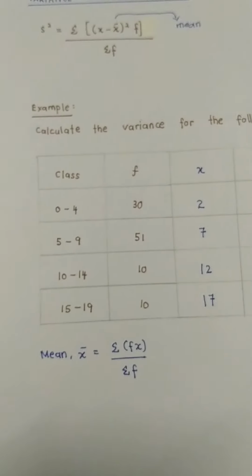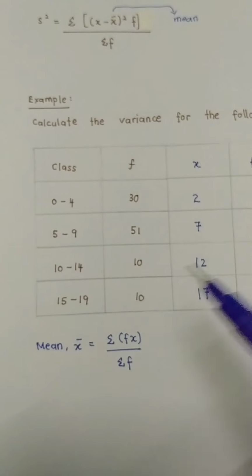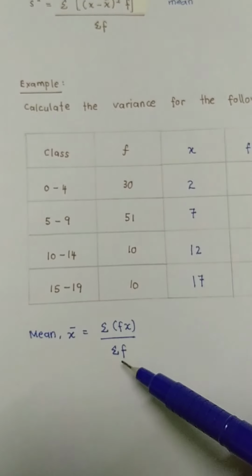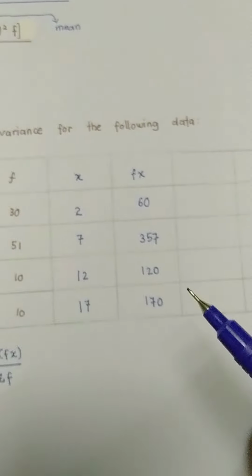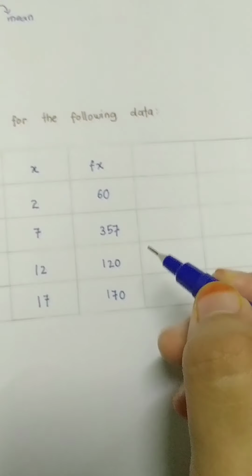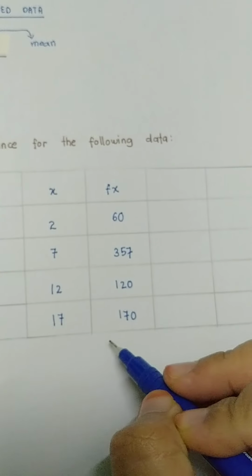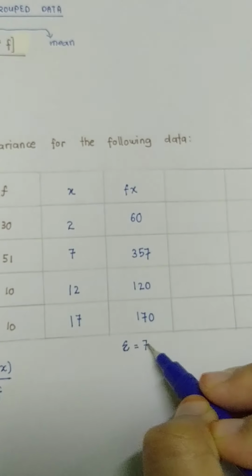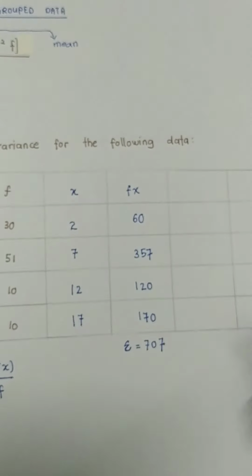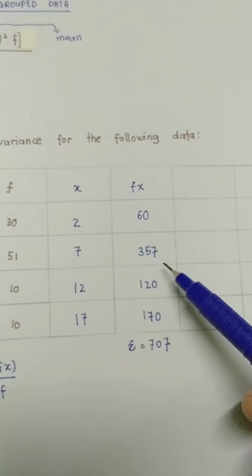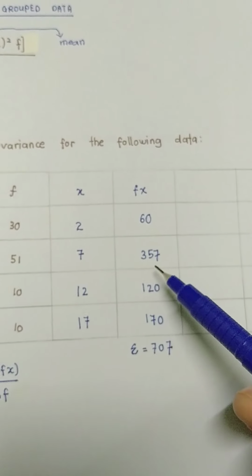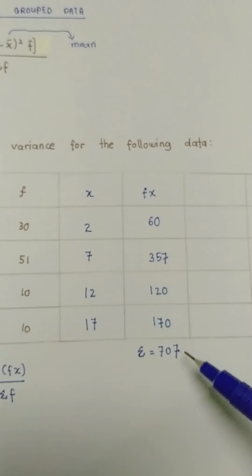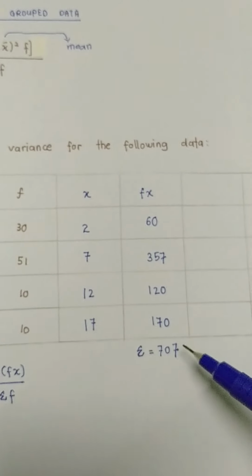So from the formula, we know that we must find the summation of fx and the summation of f. So the summation of fx is equal to 707. We just add 60 plus 357 plus 120 plus 170, so we get 707.